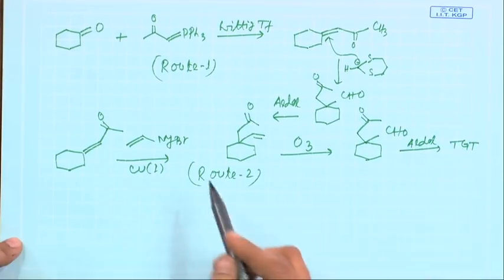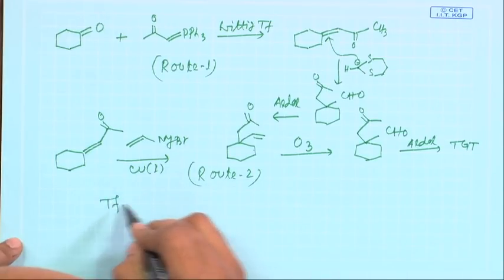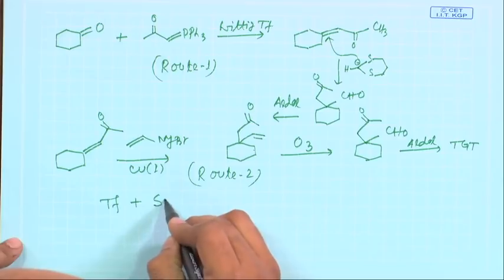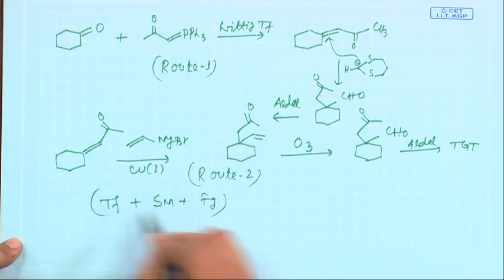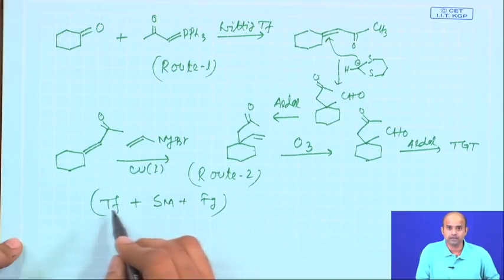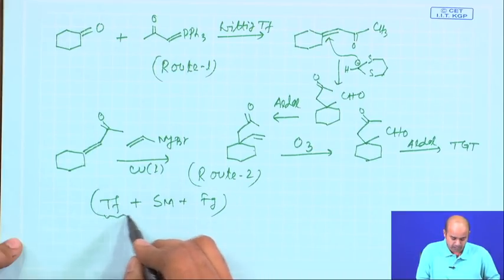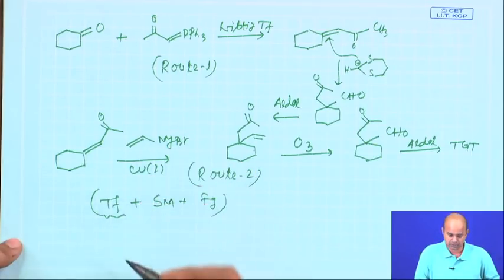So, if you go back to the entire pathway, it is a combination of a transformation based approach, a starting material based approach, as well as a functional group based approach. That is why we are discussing three pathways in a combined fashion. Transformation means you have a Wittig kind of reaction and a Michael based reaction.